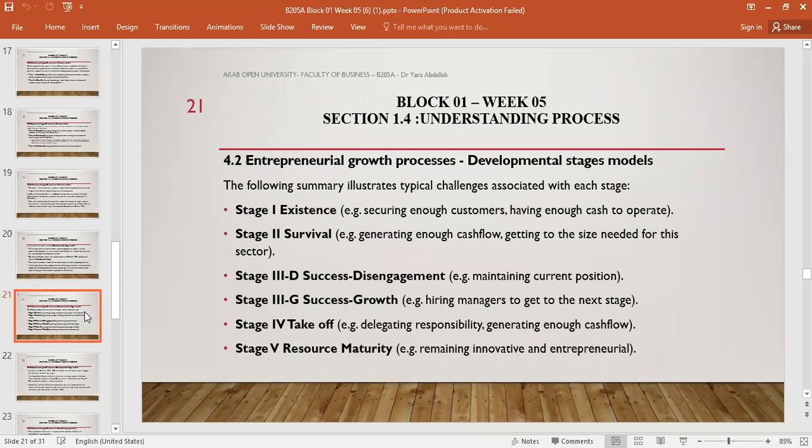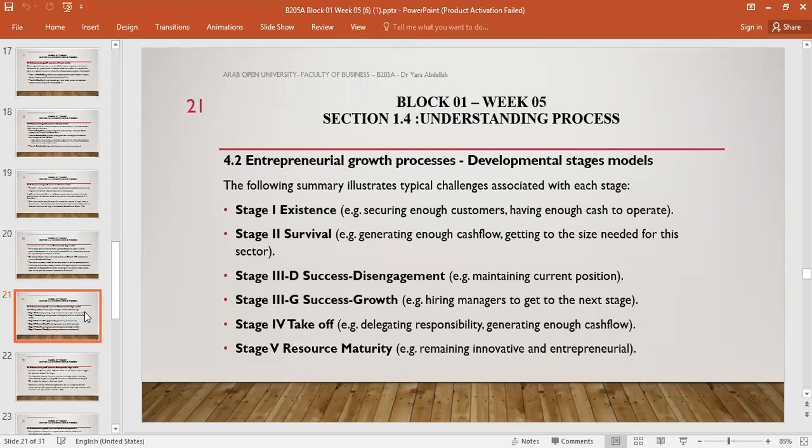Stage two is survival. How can the firm or the venture survive? If it is able to generate enough cash flow, or if it is able to get to the size needed in the sector. Stage number three is success.